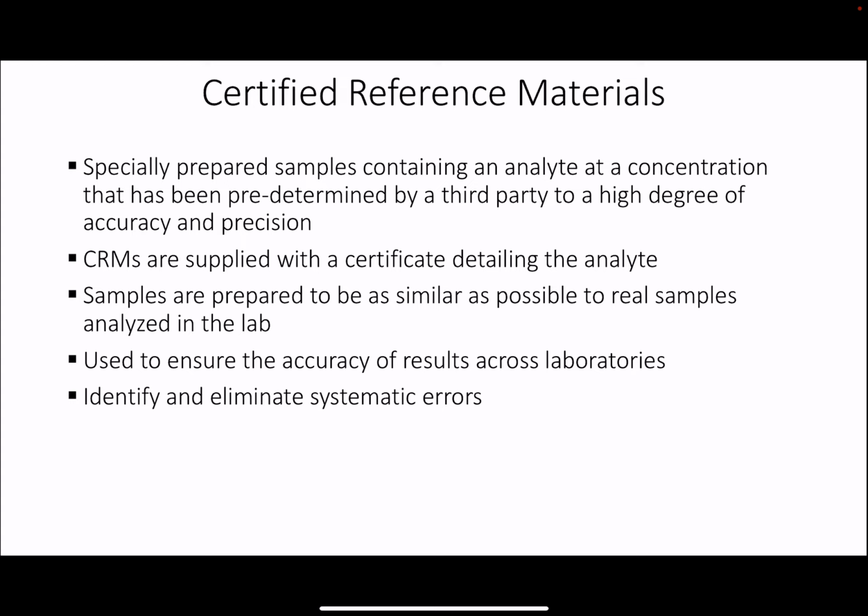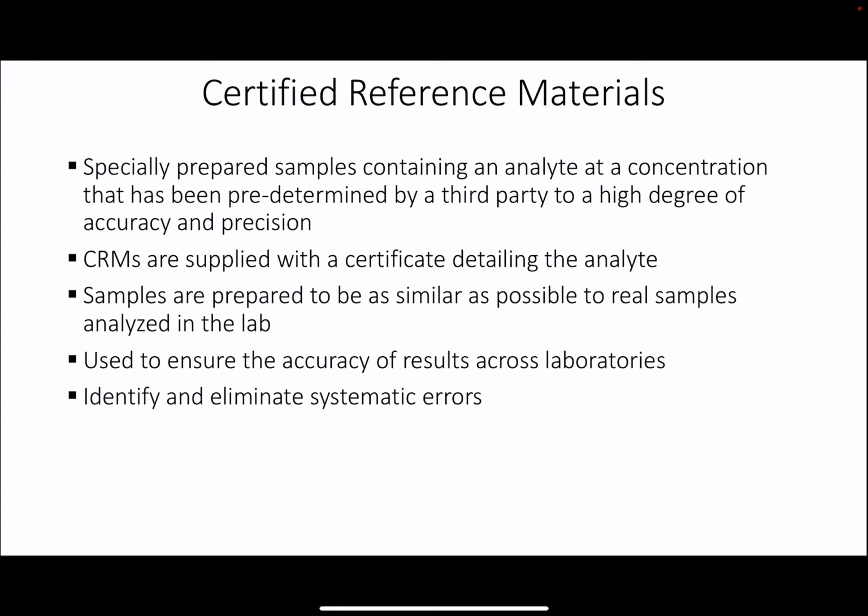Okay, so certified reference materials are really important. We use them a lot in all the different analyses we do. And these are specially prepared samples that contain a particular analyte. So you might have a certified reference material for nitrate, and you'd have a different one for silicate, for example. The concentration of that species has been predetermined to an incredibly high degree of accuracy and precision.